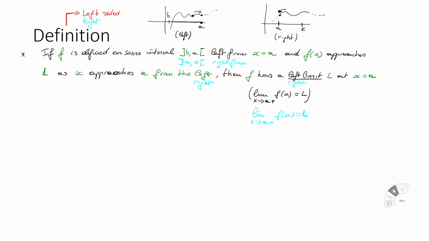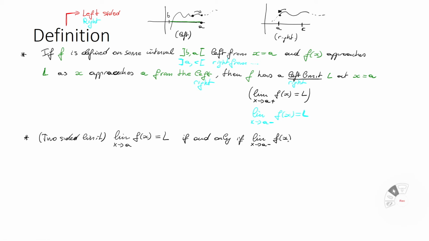So that's the definition, and then a theorem. The two-sided limit as x goes to a is equal to a value L if and only if both one-sided limits exist and are equal to the same value.